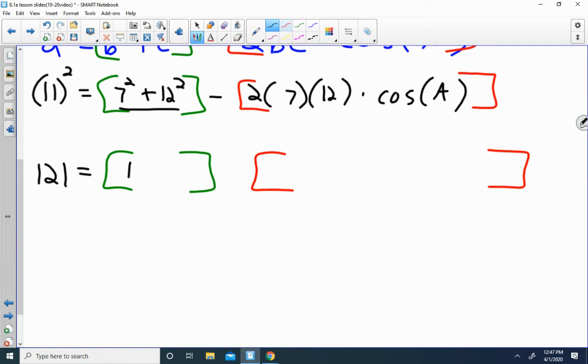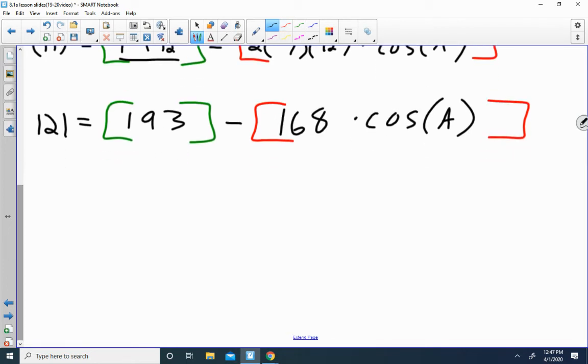That's going to give you 193. And that's going to be minus the next part. The next part, you'll do 2 times 7 times 12, and that's going to give you 168 times cosine of big A. Can't really simplify much more from here.